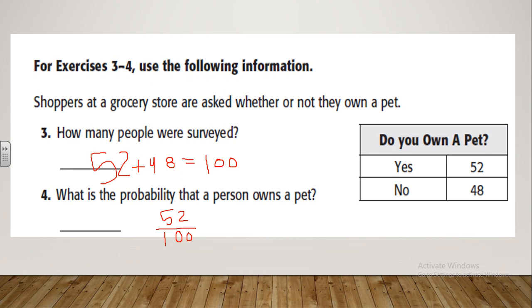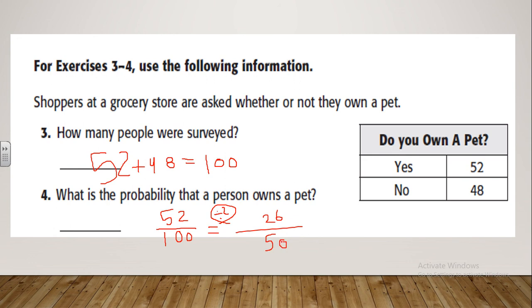Come on, tell me. Yeah, we can make it more simple. How is that? By dividing by 2. So I will divide by 2. 52 divided by 2 equals what? 26. Super. And 100 divided by 2 equals 50.